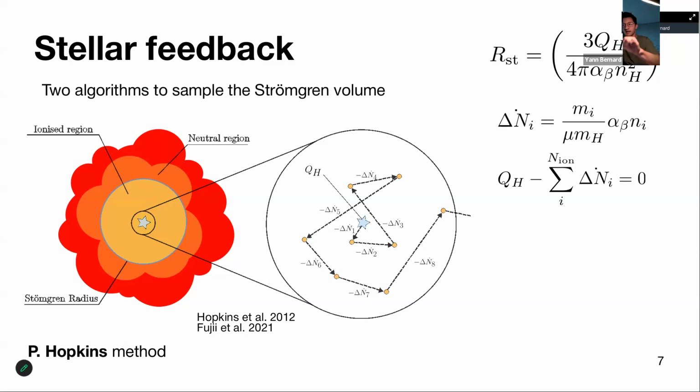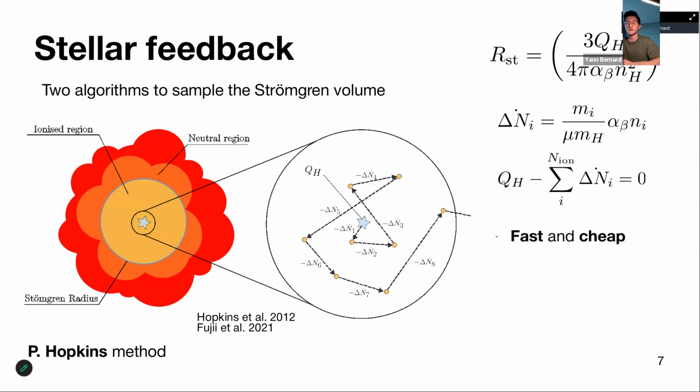So basically, we are cycling over the nearest neighbors, computing the number of photons needed to fully ionize the particle, and then subtracting this value from the total ionizing photons, and doing it sequentially.